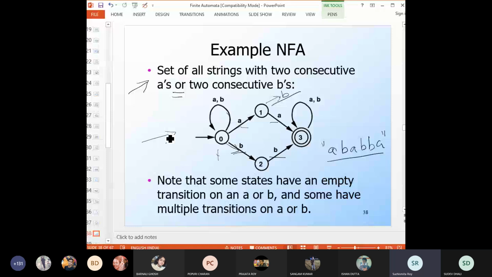It is possible to convert one finite automata to another without changing the language which it accepts. So now you know why those were called deterministic, because they have special good characteristics. But here this is a non-deterministic finite automata. Note that some states have an empty transition on A and some have multiple transitions.